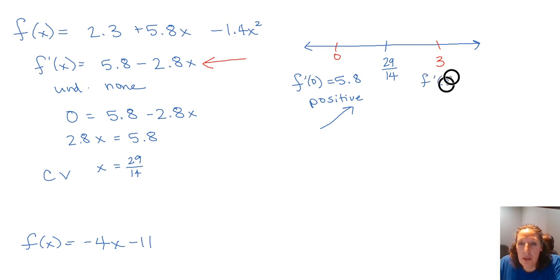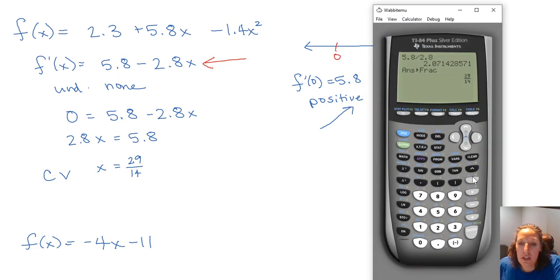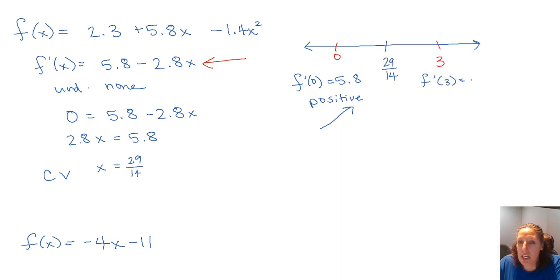So f prime of 3, if we plug 3 in for x, we get 5.8 minus 2.8 times 3, which is negative 2.6. The fact that it's negative is telling us that our function is decreasing. That means that our graph is going down and to the right.